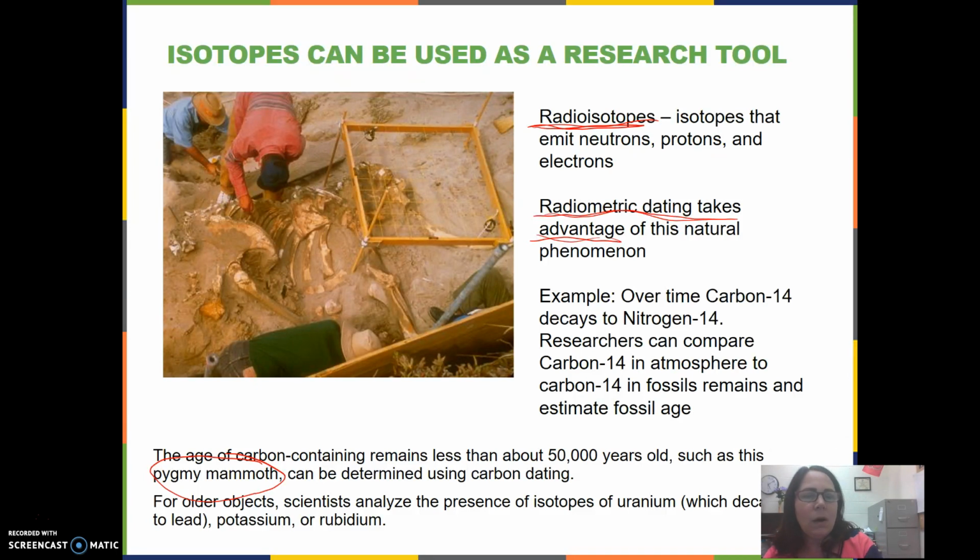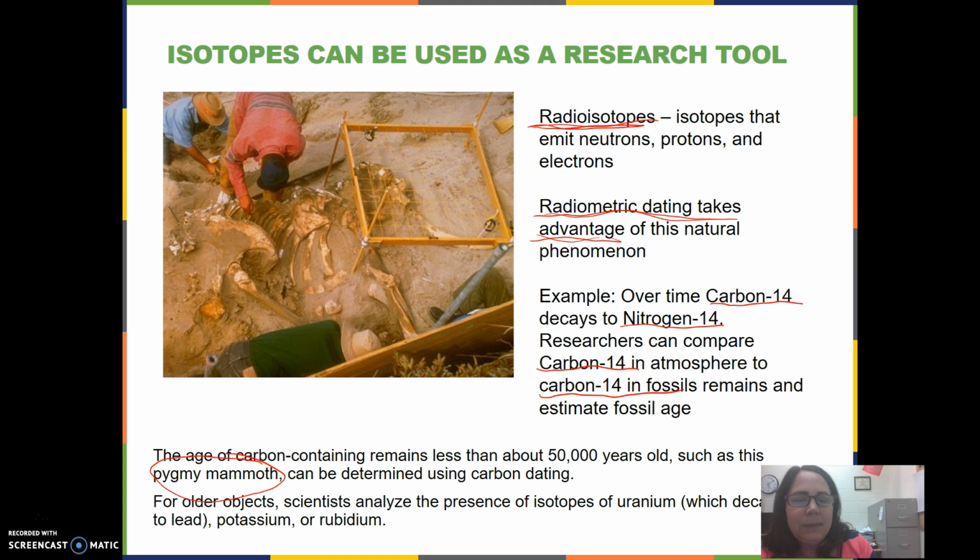One example is carbon-14, which over time will decay to nitrogen-14. So a researcher can take a sample of a fossil, like a bone or any kind of fossil, and compare the ratio of carbon-14 in the atmosphere to carbon-14 in the fossil, and determine the fossil's age.